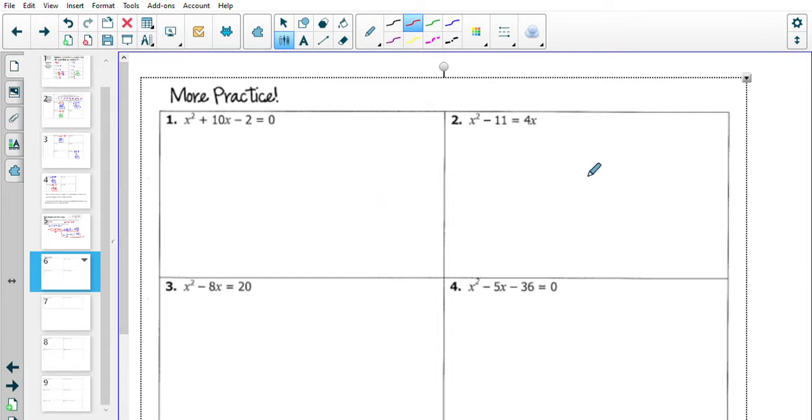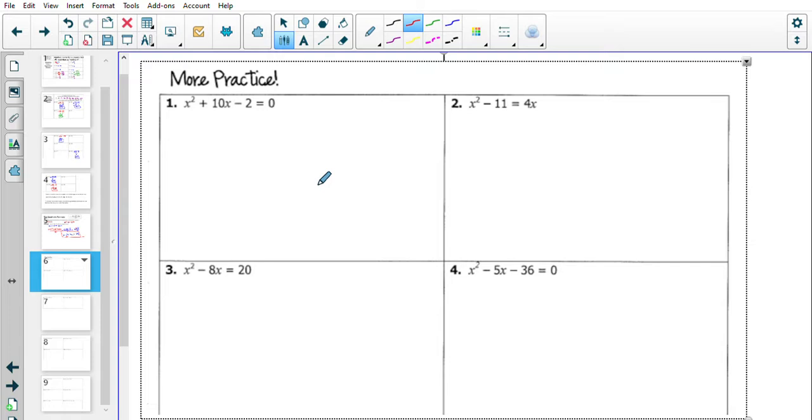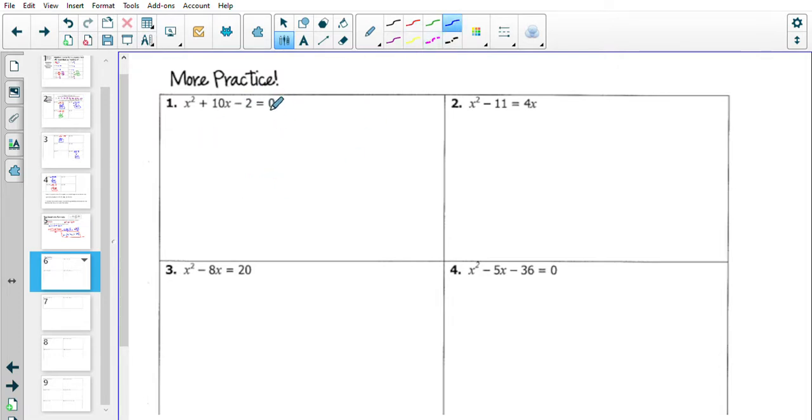Let's take a look at number 1. We'll do numbers 1, 3, and 5 here for this video. Number 1 is in standard form because it's set equal to 0, so I'm good. My value of a is what's in front of the x squared, so a is 1. B is in front of the x, so b is 10. And c is the constant, -2.